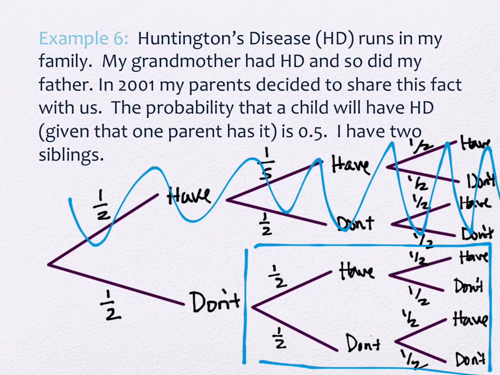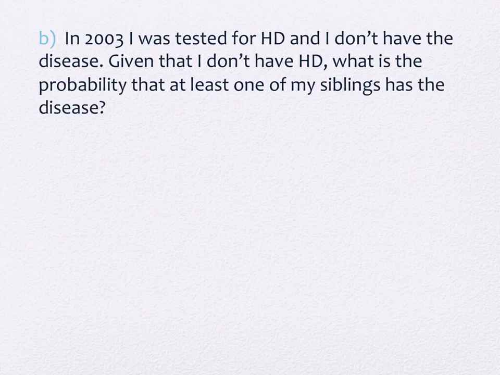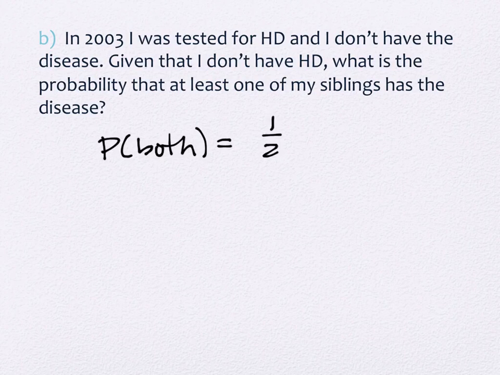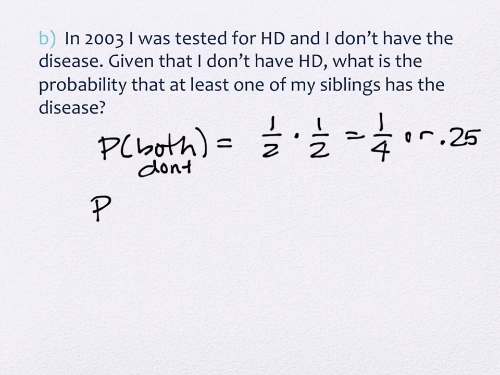What's the probability that at least one of them has it? Well, the probability that they both do is 1/2 times 1/2, or 1/4, or if you prefer 0.25. So the probability that they both do or they both don't, either way, we'll say both don't.